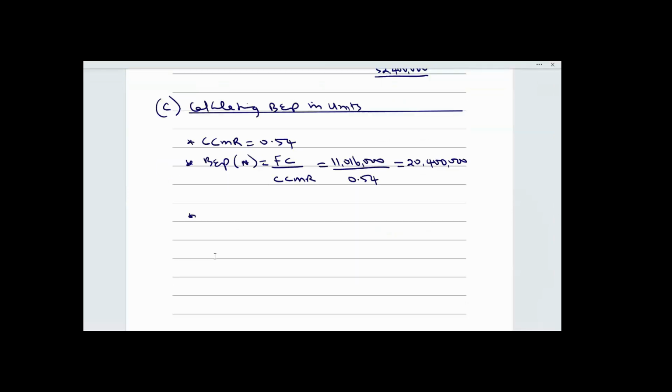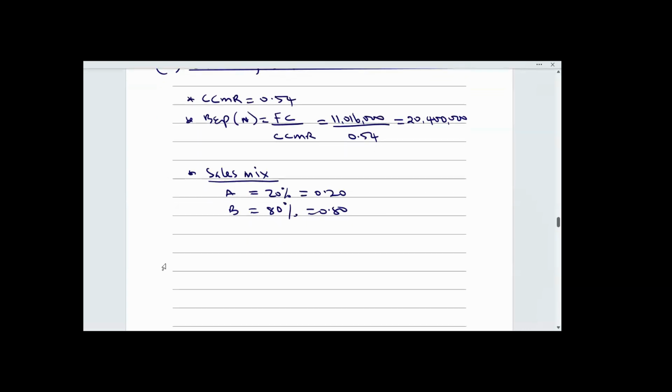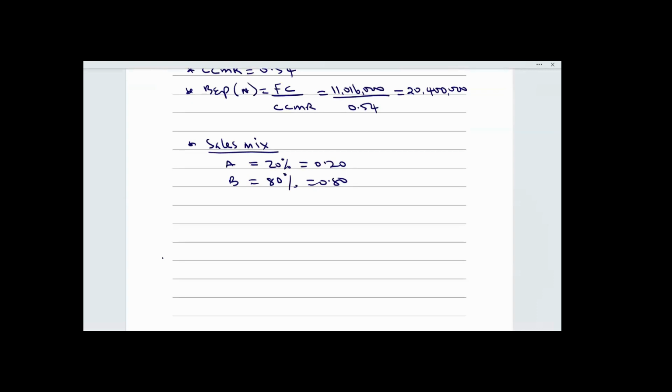The next step is to calculate the sales mix. Already the sales mix is given for A and B. The examiner has told you that 80% is for B and 20% is for A. Finally, you calculate break-even points in Naira and units.